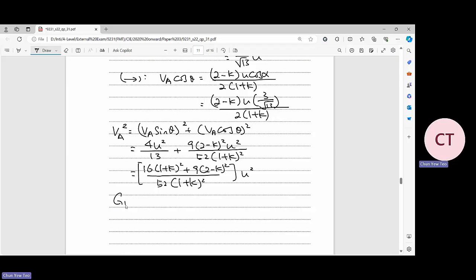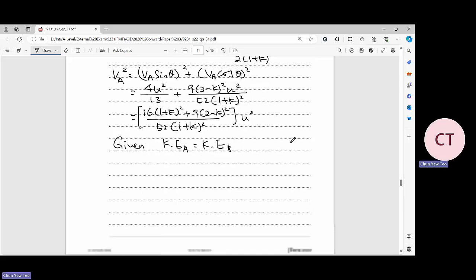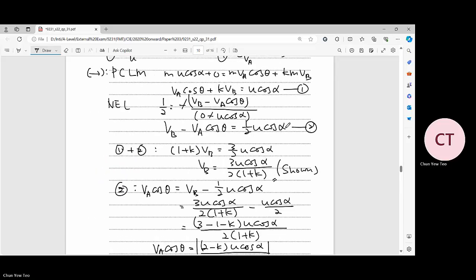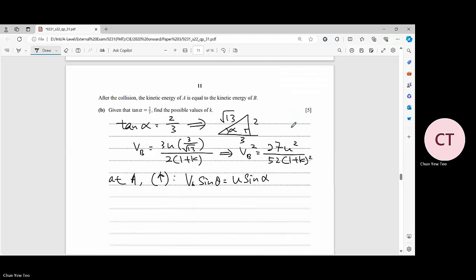So now, given KEA is equal to KEB after the collision, that means the half m of the VA square is equal to the half of the Km of the VB square. The mass for the B is K. Okay.